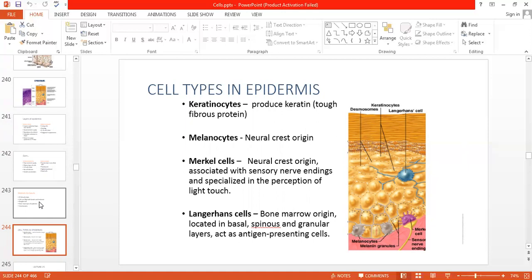Melanocytes, neural crest origin. Merkel cells, neural crest origin, associated with the sensory nerve ending, especially in the perception of light touch. Then Langerhans cells, bone marrow origin, located in the basal, spinosum and granular layers, act as antigen presenting cells.